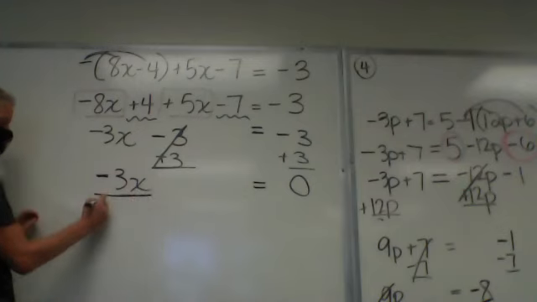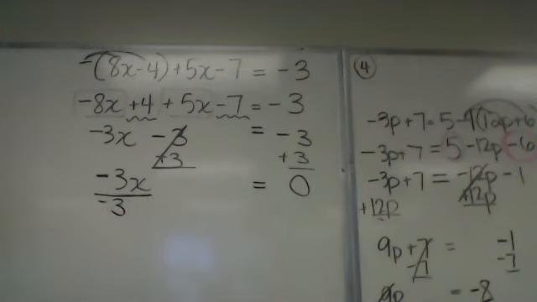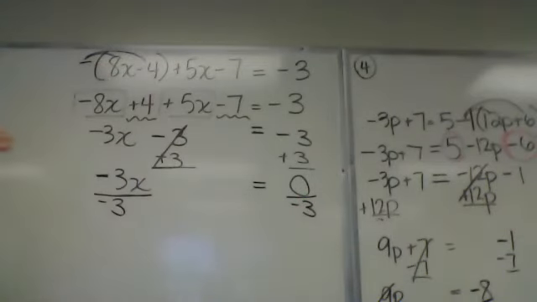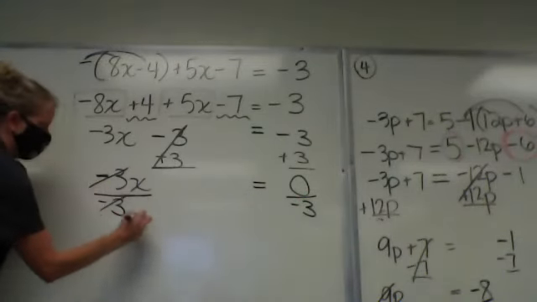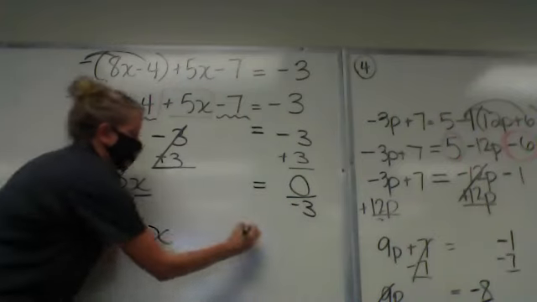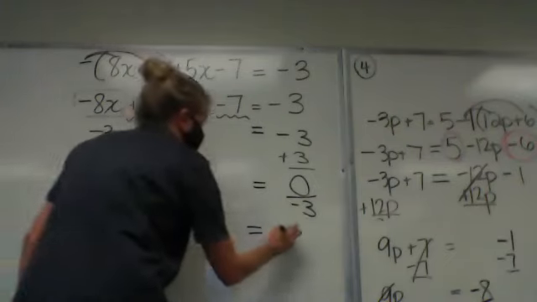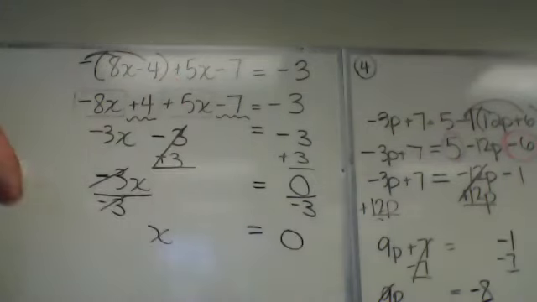I'm dividing by -3 on both sides. So my negative 3's cancel. I'm just left with x equals. Remember, it doesn't matter what the denominator is. If your numerator, if your top is 0, your answer is 0.